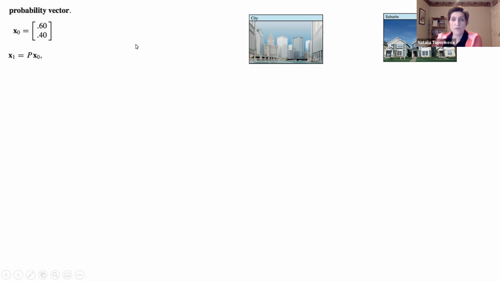Of course, demographers and city planners also try to predict what will happen with the population in a year, 2 or 3. If we have data which describes the pattern of movement between the city and the suburbs, we can express this data in a probability matrix P and apply the current trend of population movement to the population in the year x0.